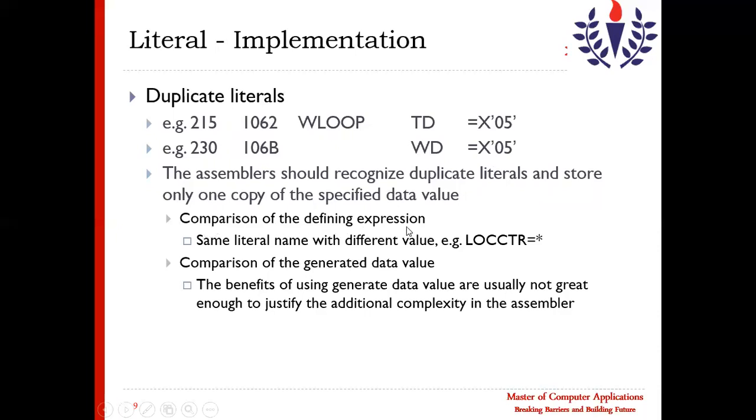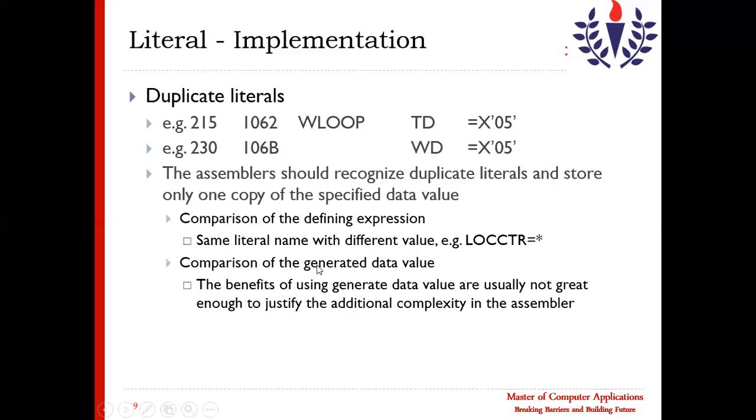Comparison of defining expressions: if two expressions are there, how can the comparison be done, like whether both are equal or not. We can check the same literal name with different values. Means if two literals are there but the values are different, that is the comparison of expressions.